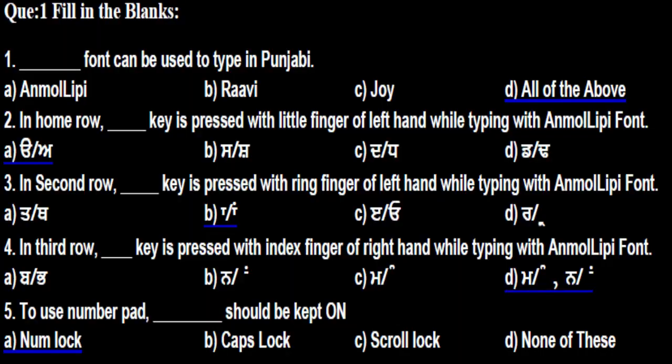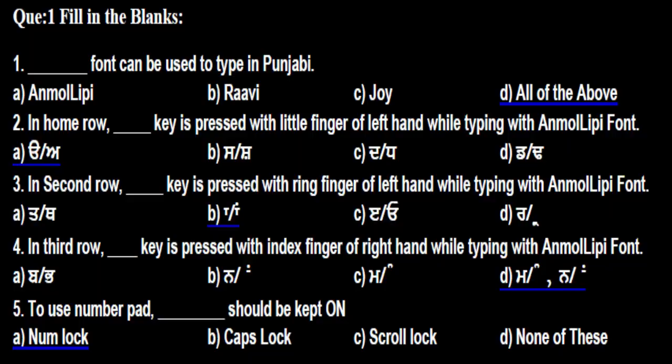Fourth, in third row, dash key is pressed with index finger of right hand while typing with Anmol Lipi. Right hand, and this is the index finger. So options A, Babba oblique Pabba, B, Nanna oblique Uppar Bindi, option C, Mamma oblique Tippi, option D, Mamma oblique Tippi, comma, Nanna oblique Uppar Bindi.